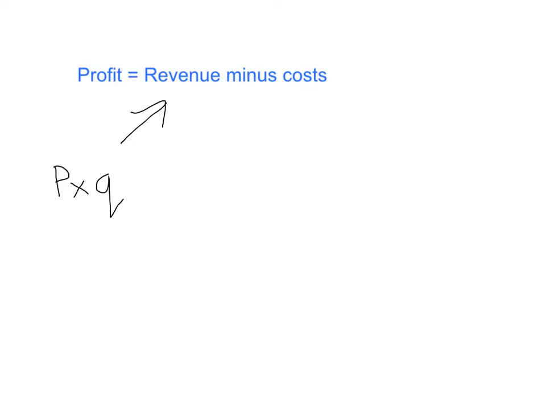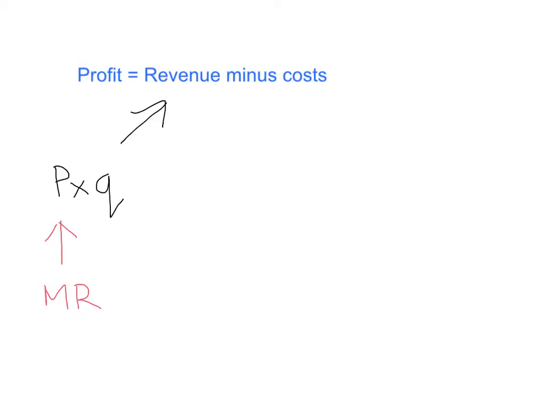And as we're talking about a price-taking firm here, this price is just going to be fixed. It's not going to depend on the quantity. So we're going to know that our marginal revenue, the extra revenue when we sell an extra unit, is just going to be equal to the price. So for a price-taking firm, price is equal to marginal revenue.